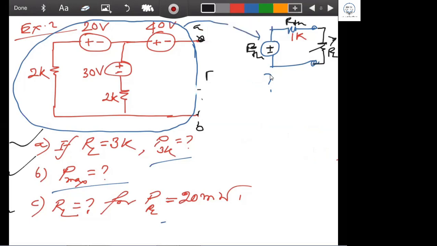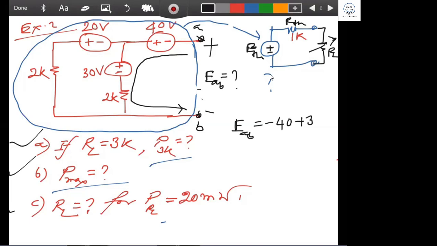EAB is your Thevenin equivalent, the open circuit voltage. I told you several times in the last class. So starting from this point, if you go, then minus 40, then plus 30.